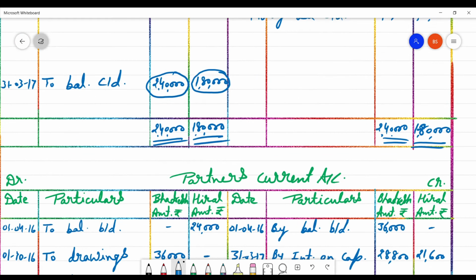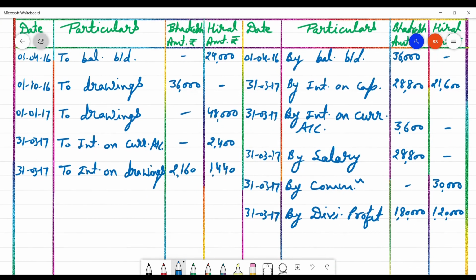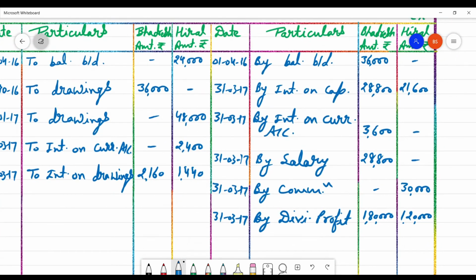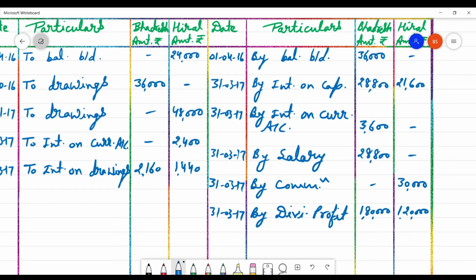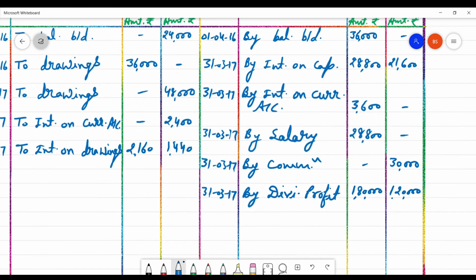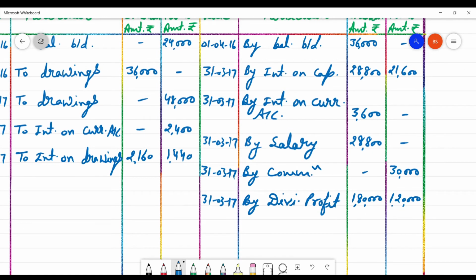After that, we make the total of the partners' current accounts. You will see the amount on both sides. The balance of the credit side is more than the debit side. So we will make the total. First, we will make the total of Bhadresh: 36,000 plus 28,800 plus 3,600 plus 28,800 plus 1,80,000.